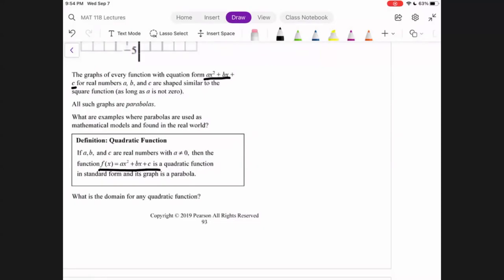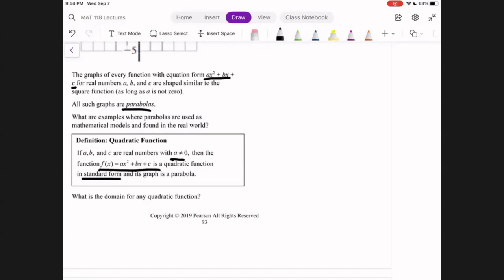So you notice one x is squared, one x is not, and then there's that c term that doesn't have any x with it. So these make up various parabolas for various a, b, and c. And you want to think a cannot be 0. If a is 0, then you won't have a quadratic, you'll have a linear function. And this is what we call standard form.